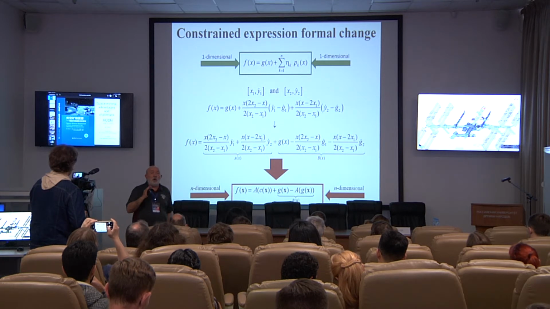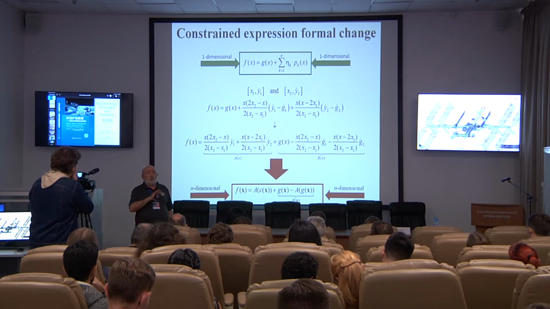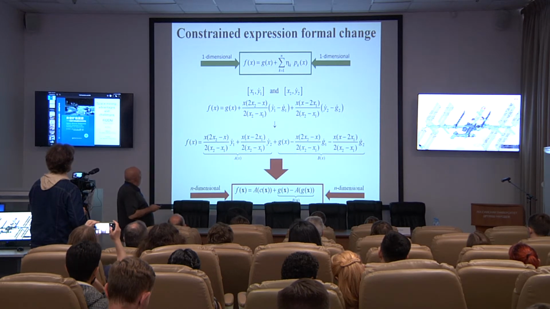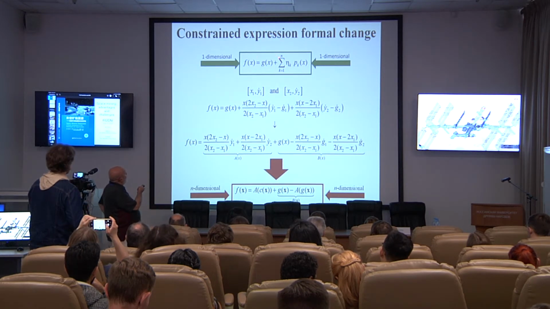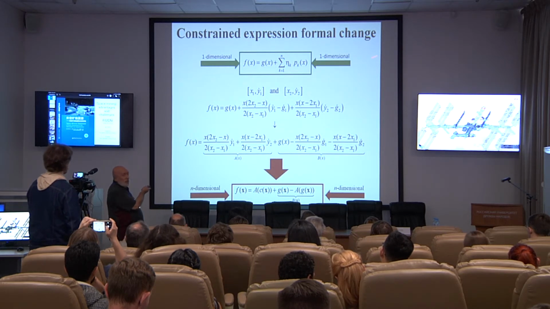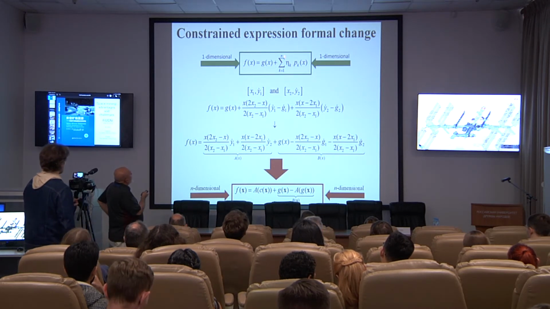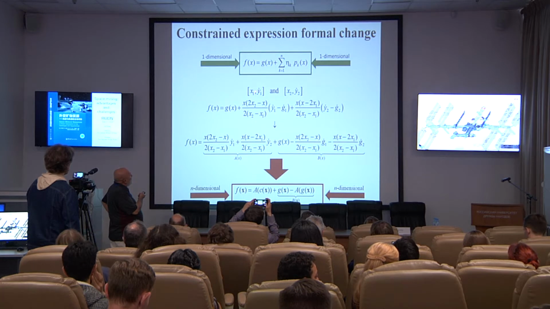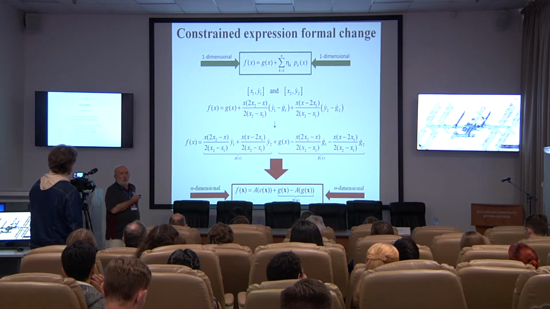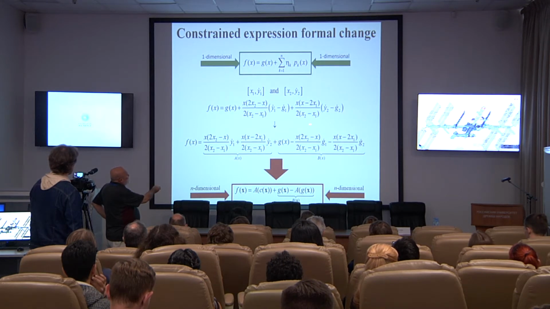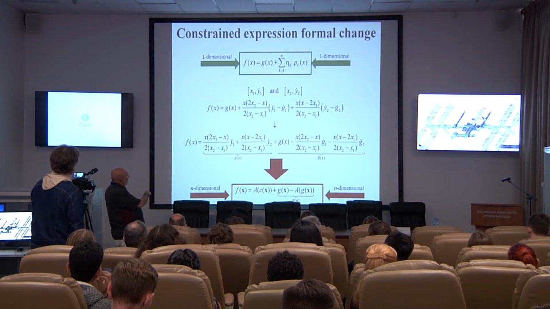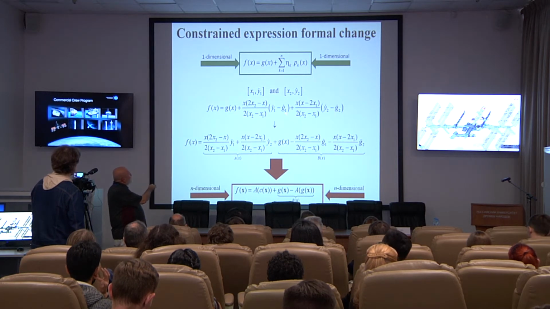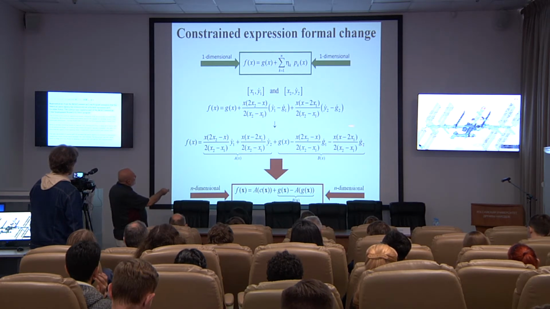Now, this is the most important slide of all the presentation. This is the way that the theory of connections has been devised for one dimension. Suppose that you want to derive an expression that always satisfies the derivative of x1 and the derivative of x2. You obtain with the theory of connections this expression here. Now here you collect on one side all the terms that do not include your g function, and on the other side all the terms that include your g function.